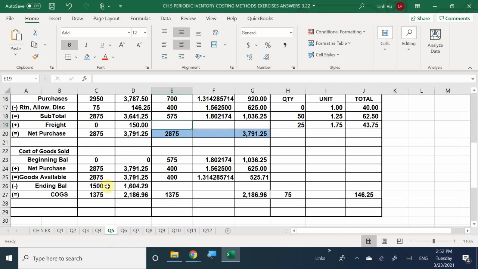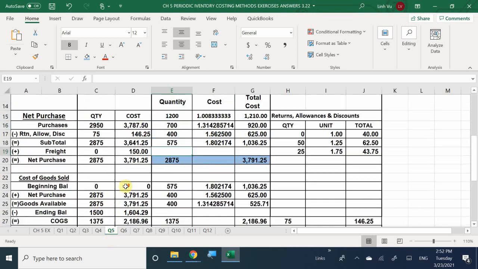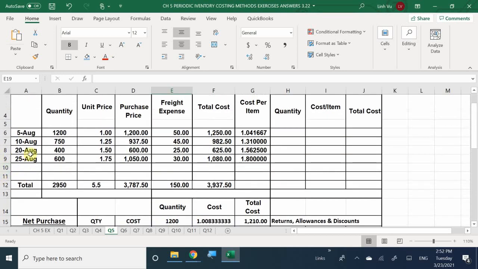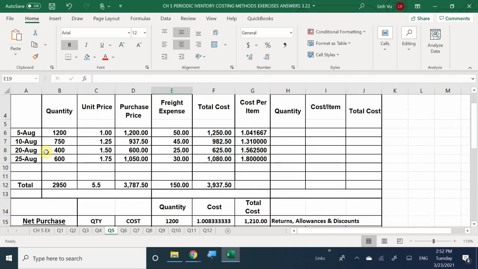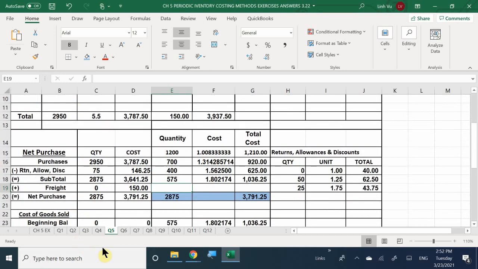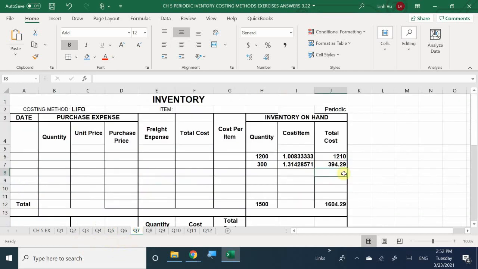Now, hold on, real quick. Okay, so the 1200 was from the first batch that we bought. Say it again. Can I see your equations for 1200 and then the cost item? Oh, on which side? Question 7. Okay, I just transferred them over. That's all I did.